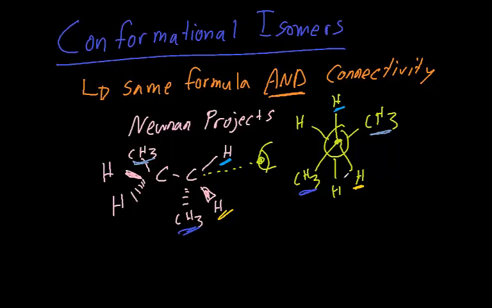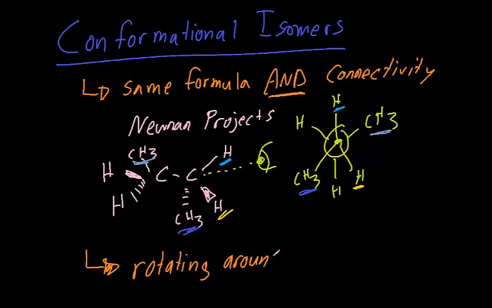And so I'm not really showing you the Newman projections so you memorize them. You should be familiar with them, but I want you to associate conformational isomers with Newman projections because conformational isomers are specific to isomers rotating around single bonds.